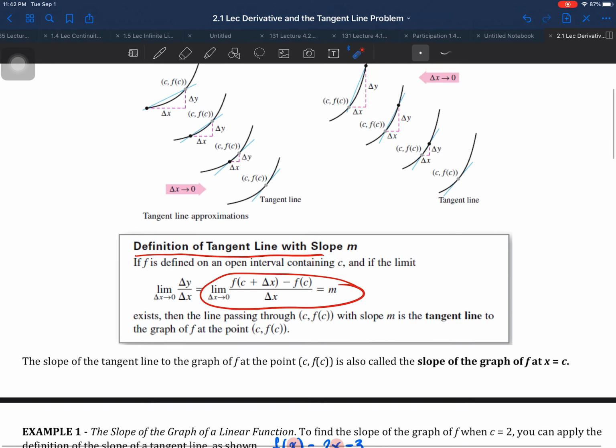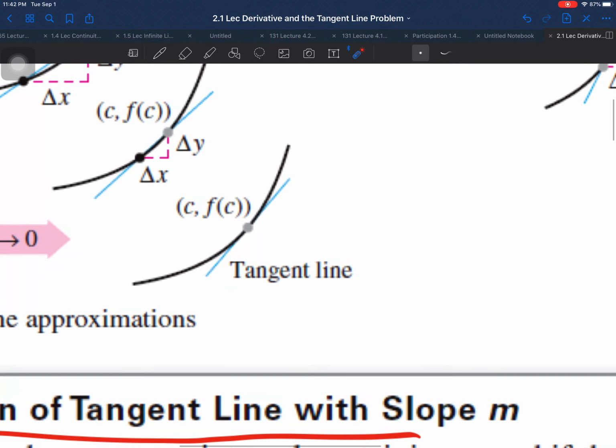So what we're saying here is very important. So let me sum it up here. This straight line, let me use a different color. This straight line slope, let me call it m, has the same slope as this point on this graph, right?